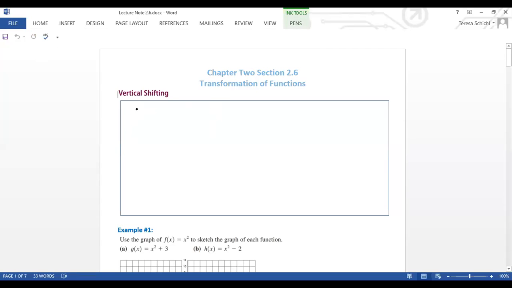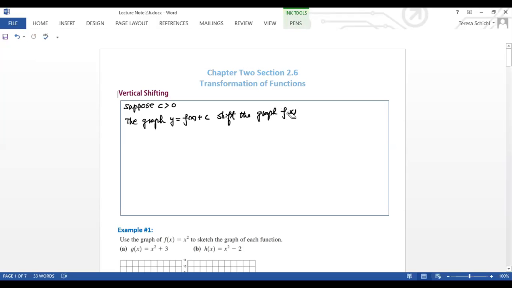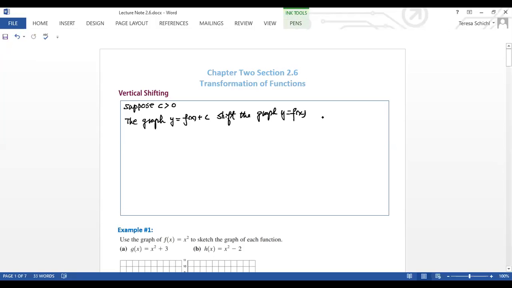So in here we say if we have a constant c greater than 0, then the graph y equals f of x plus c shifts the graph of y equals f of x upward c units.